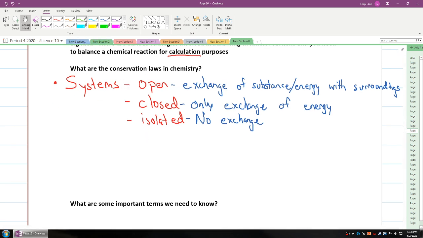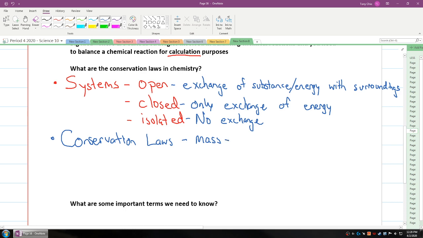So the conservation laws of chemistry are these. There are 4 different laws we're going to talk about, okay? So, conservation laws. When we talk about conservation laws, there is the conservation of mass.